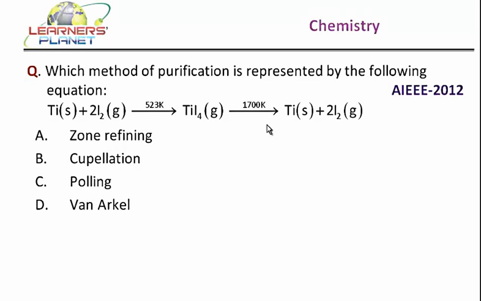So this method is used for the purification of titanium, zirconium and hafnium. So what is the correct option over here? It's the van Arkel method, right? So the right answer is the van Arkel method.